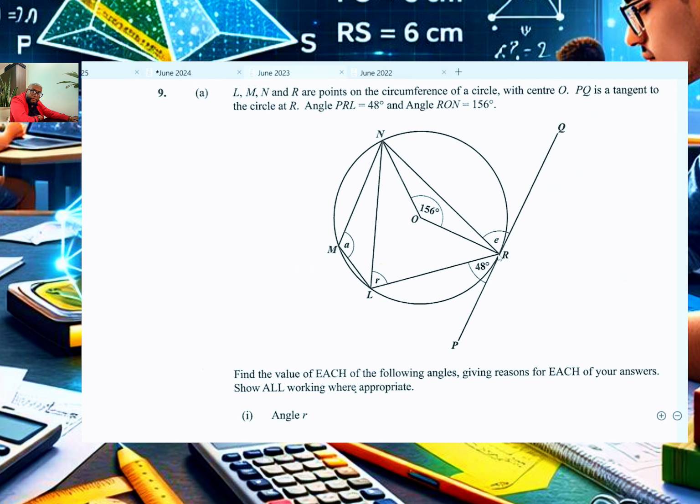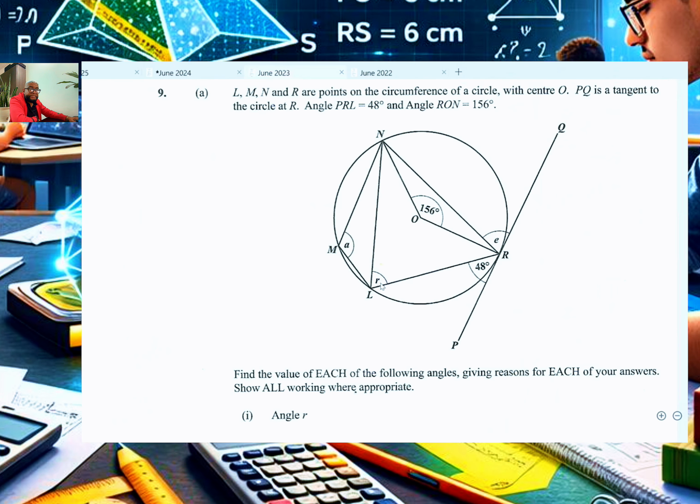Preston, you with me? Yes, sir. Okay, angle PRL is equal to 48 degrees and angle RON is equal to 156 degrees. Find the value of each of the following angles, giving reasons for each of your answers. Show all workings where appropriate.